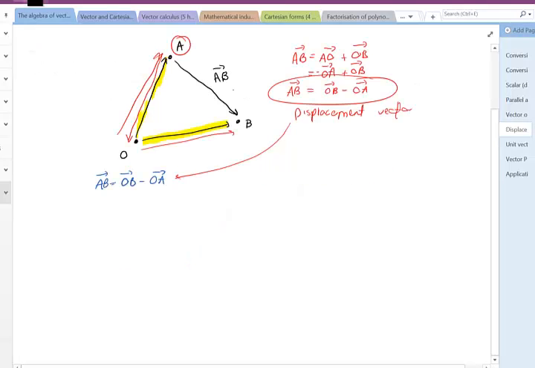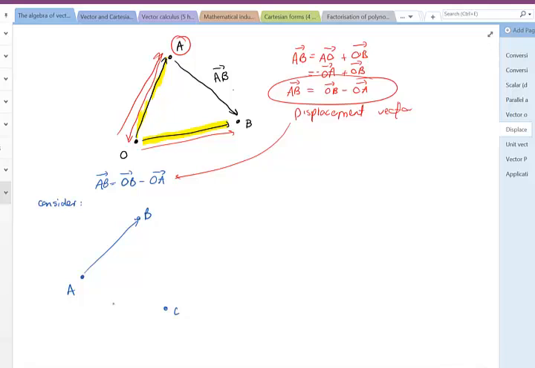This can work with other scenarios as well. So consider the 3 points A, B, and C in space. If we wanted to create a vector AB again, and we wanted to use C as that common origin, that reference point, then we can do the same thing.